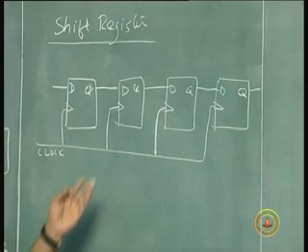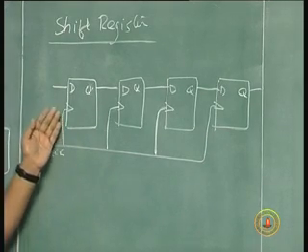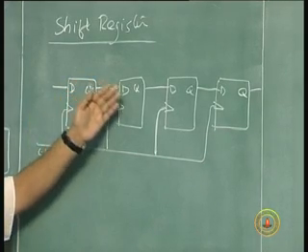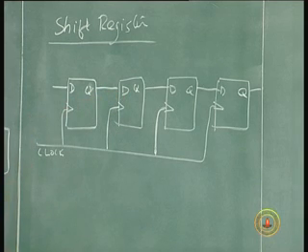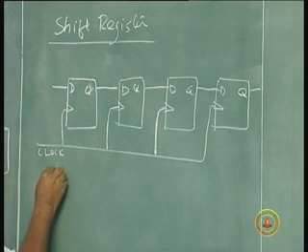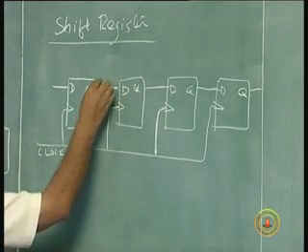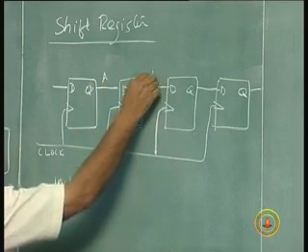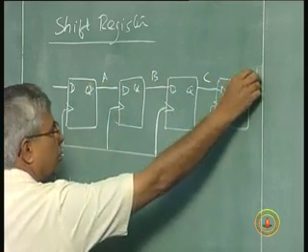Now, whatever data I put, after every clock pulse, that data will shift to the next flip flop, right. Suppose initially I put data, so I call this ABCD.